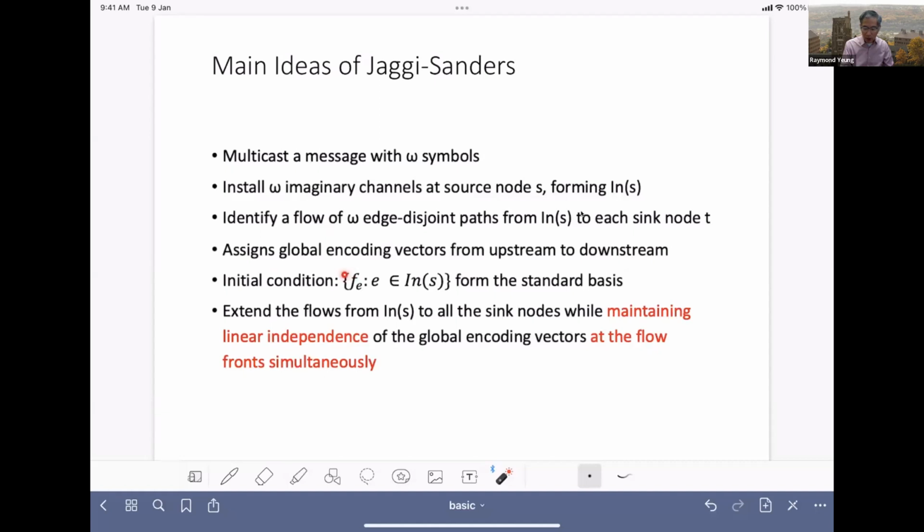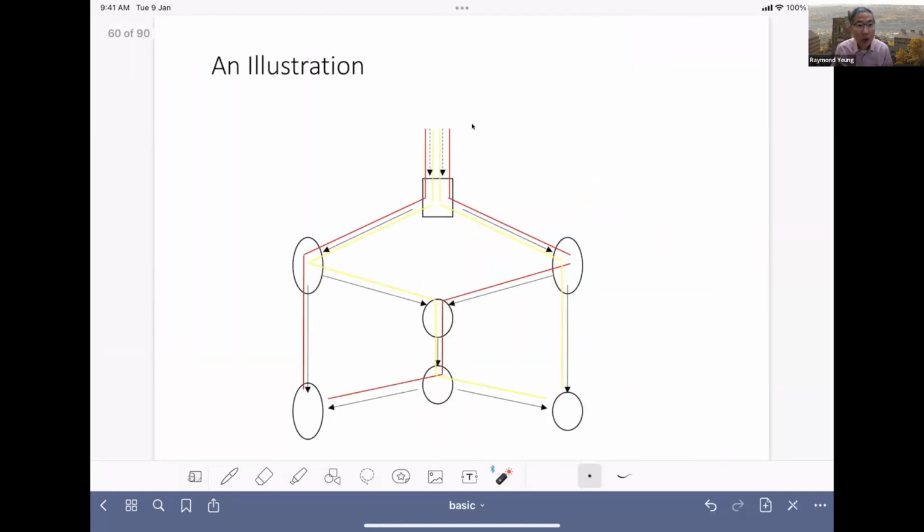Initially, the global encoding vectors at the source node are the standard basis, as I explained, and then recursively we assign the global encoding vectors. The main thing is that we extend the flows from in S to all the sinks while simultaneously maintaining the linear independence of the global encoding vectors at the flow fronts. You will understand what I mean by flow fronts in an example. Okay, I think I need to switch to my other computer for the animation.